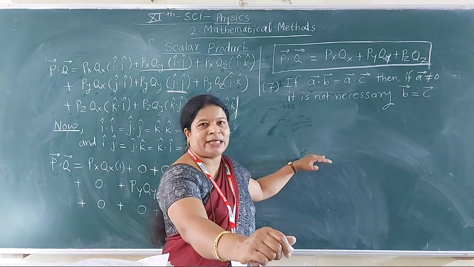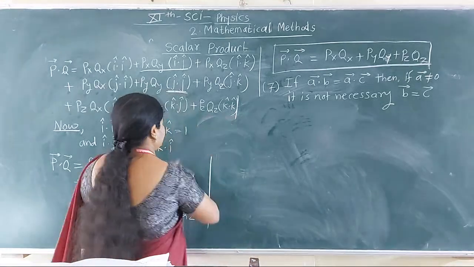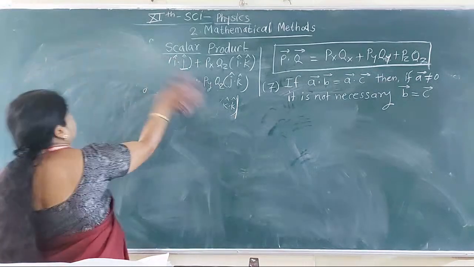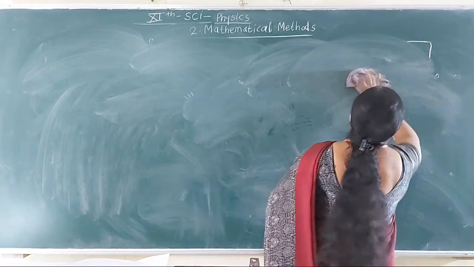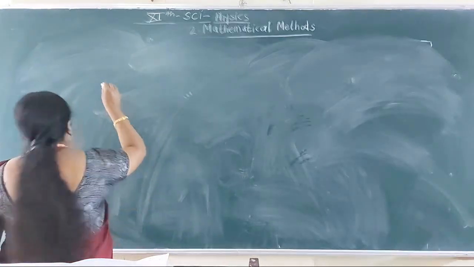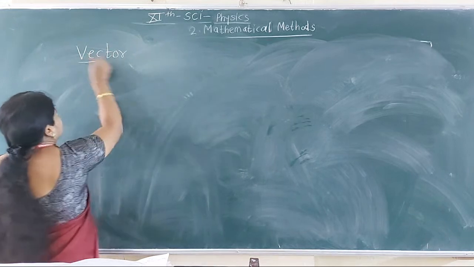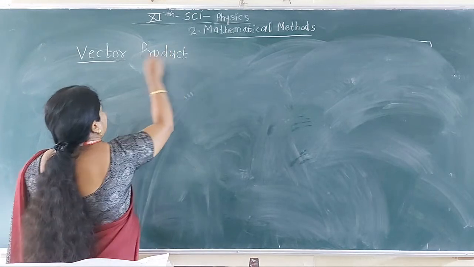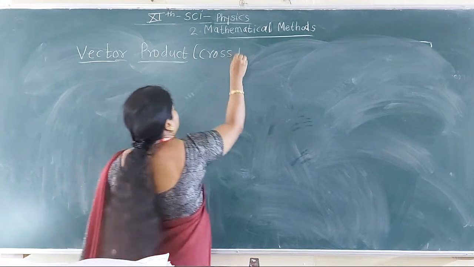So the next point is vector product, or cross product, of two vectors. Vector product, or we also call it a cross product.